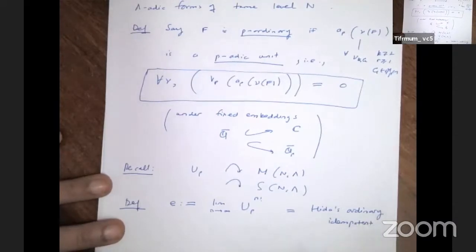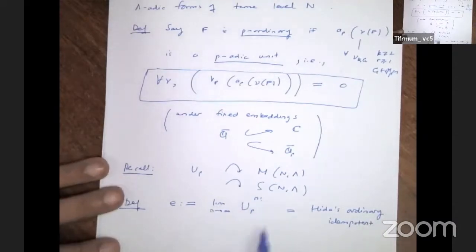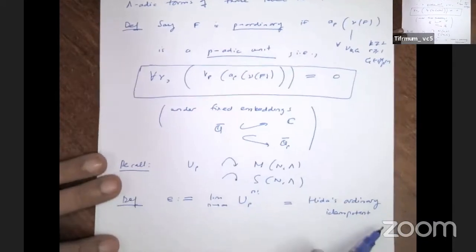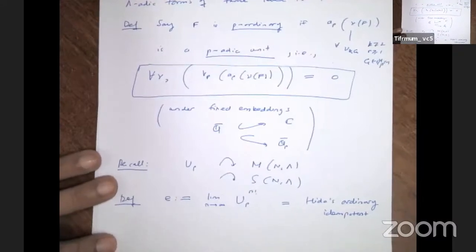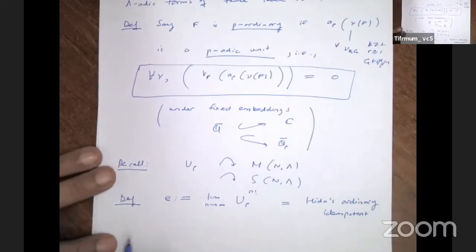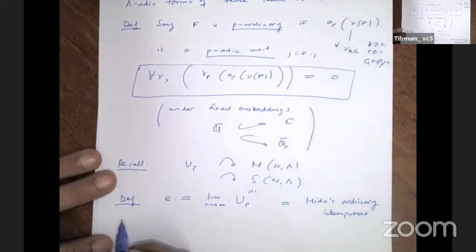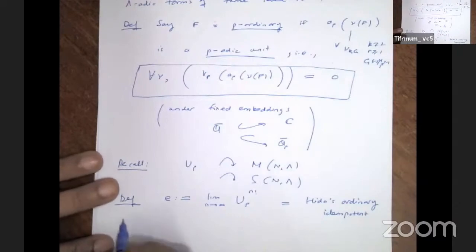Okay, so accept for a second that this limit exists, I'll try and motivate in a second what the limit means. Then you get this operator E, which is the limit of the UP operators. And it has the property that it's an idempotent, E squared is equal to E. So you can make E act on various spaces, and that indeed will be the formal definition of the space of ordinary lambda-adic forms.